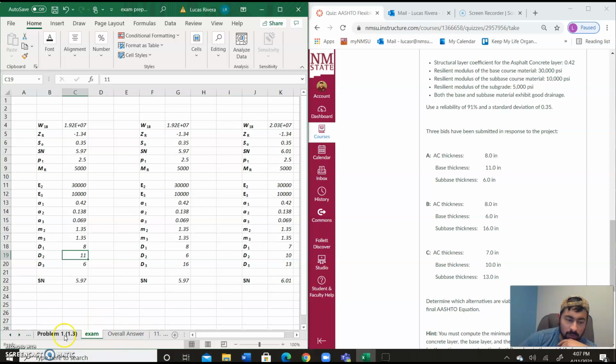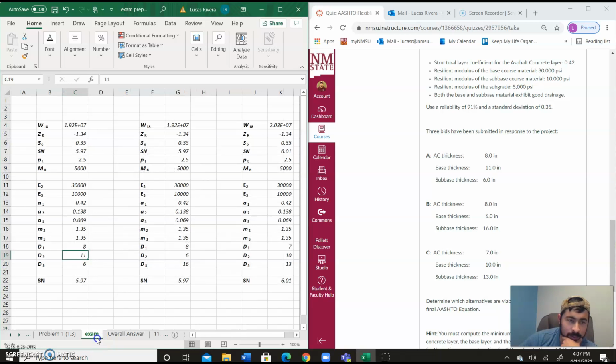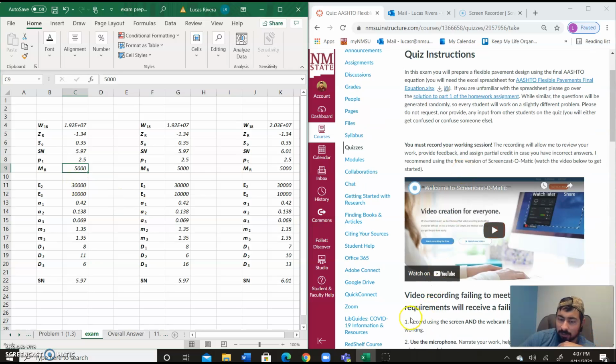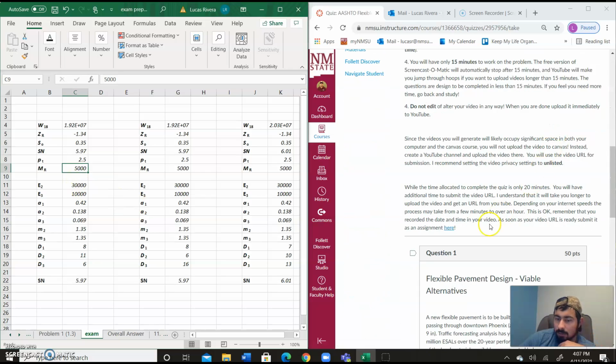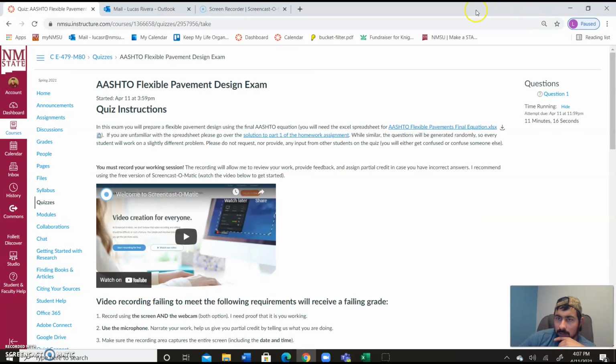Reliability of 91. Negative 1.34. Yes. Standard deviation of 0.35. Yes. Structural number, whatever that is. It is a major highway. And the MR, the average resilient modulus. How much time do I have left? Come on. 11 minutes.